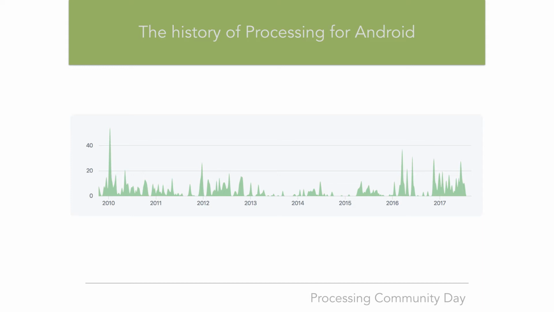And the answer was yes. So Ben and Jonathan Feinberg implemented the first version of the mode. I contributed with the 3D rendering that eventually became part of the Java mode, and from that starting point we kept working on it.